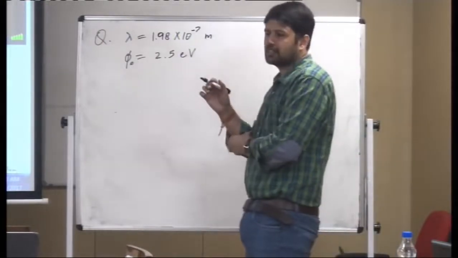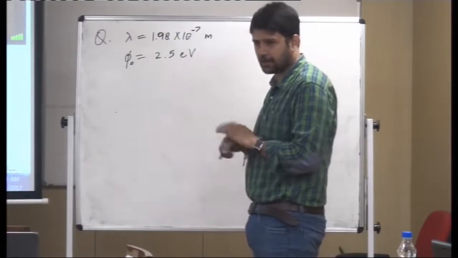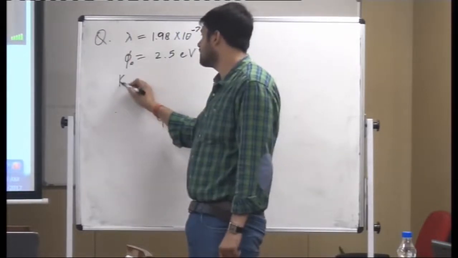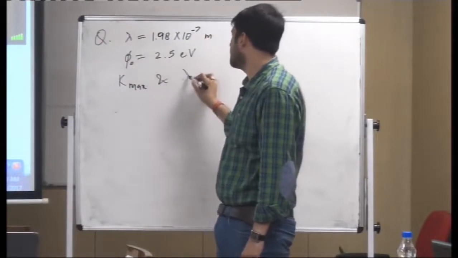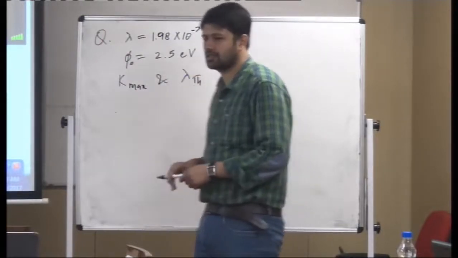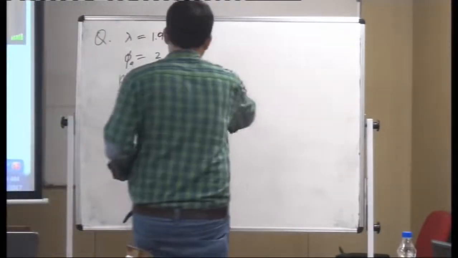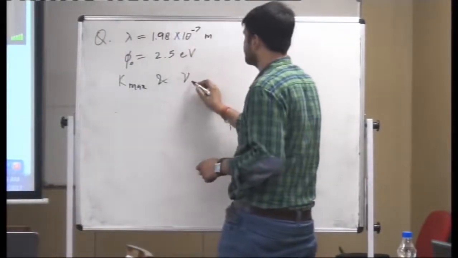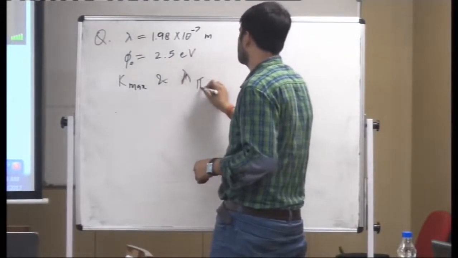So the wavelength and the work function are given. You need to find the K max and lambda TH, the threshold wavelength. Just find the threshold frequency. चलो यही कर लो, lambda TH.